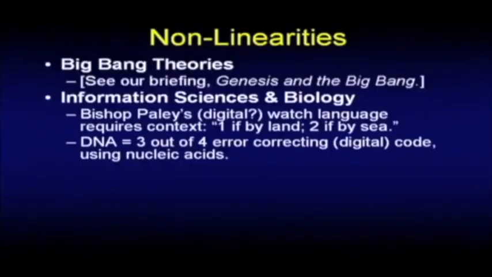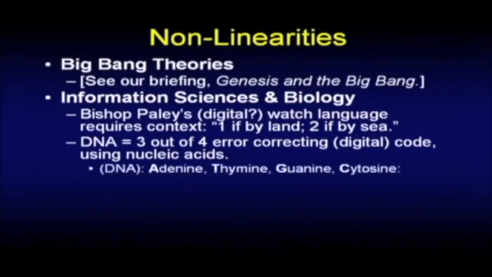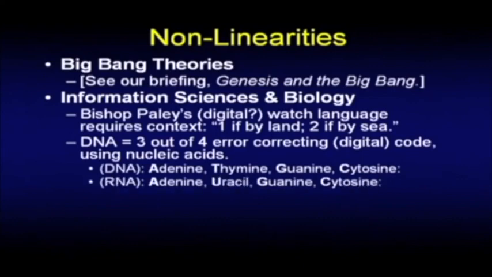There's probably one engineer in 100 that knows how to design a digital error-detecting code, certainly not an error-correcting code. And the DNA exploits a 3 out of 4 error-correcting digital code. And the design skill there is far beyond the reach of most engineers. A few, maybe. And so the DNA and the RNA are made of it, a 3 out of 4.